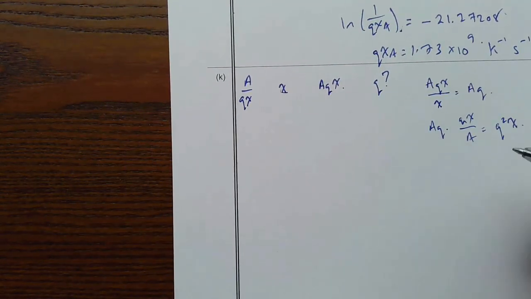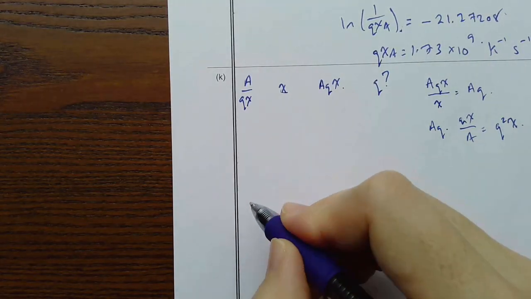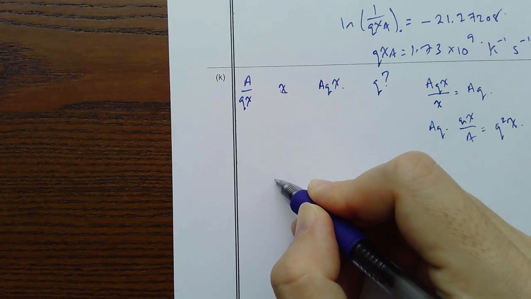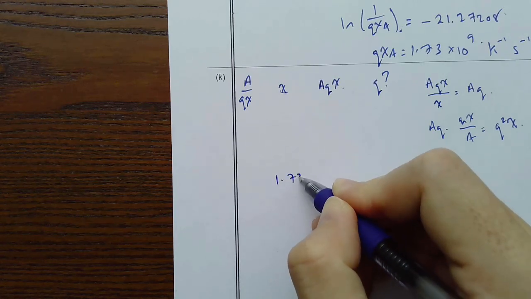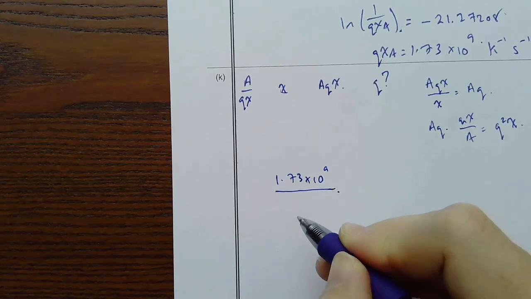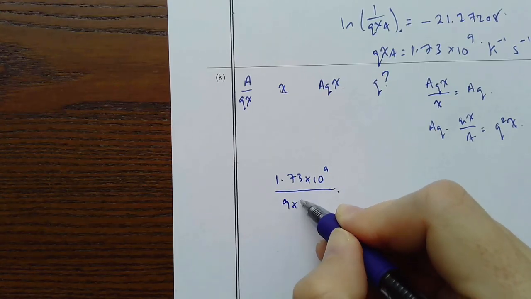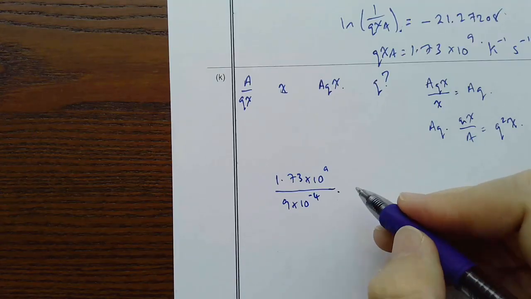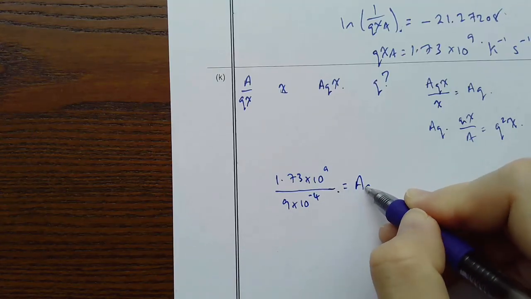So if I do AQ chi, 1.73 times 10 to the power of 9, divide by chi, which was 9 times 10 to the power of minus 4, that's going to give me AQ.